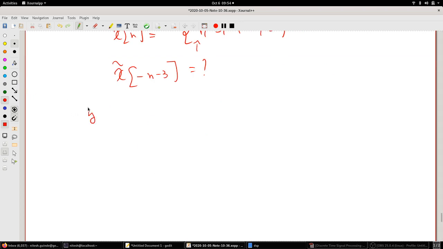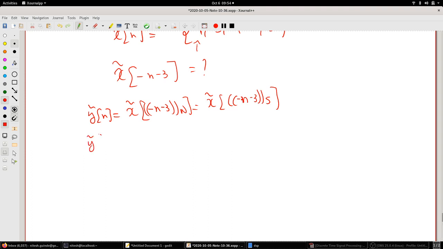So first thing what you will do is y tilde of n, you will equate it to x tilde of minus n minus 3 mod 5. Okay. So now you will start finding your values.